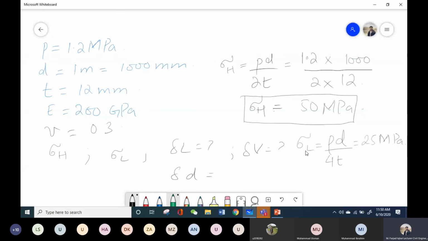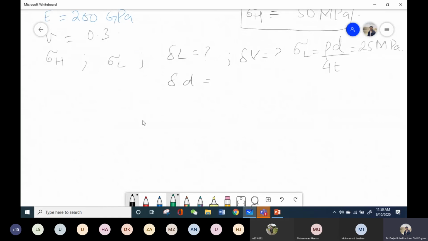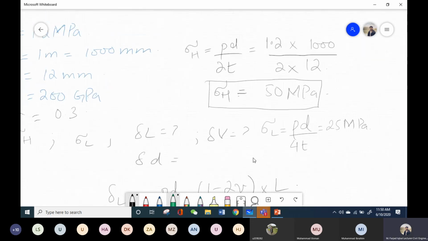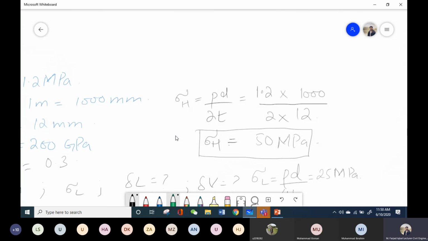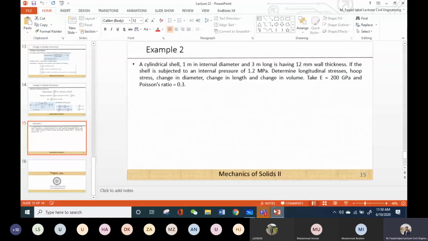And the next thing is we need to calculate the change in length. We just derived one formula for the change in length, that is Pd over 4Te into (1 minus 2 nu) into length. The original length is given in the question as 3 meter, and nu is 0.3.